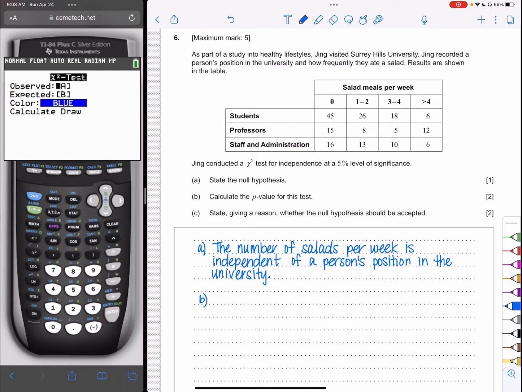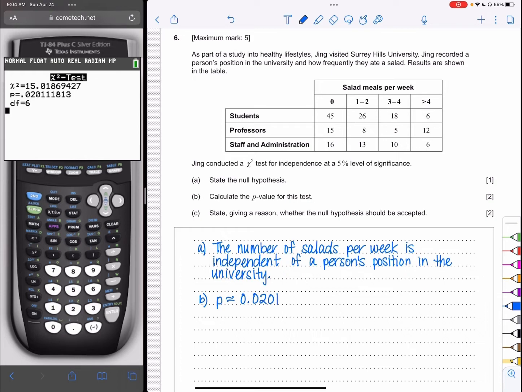I know that my observed data, which is the actual data given to us, is in A. I know that it's going to put my expected data in B. So now I want to calculate everything. Once I press calculate, the p-value, as you can see here, is approximately 0.0201 in 3 significant figures, or you can write that whole number out.